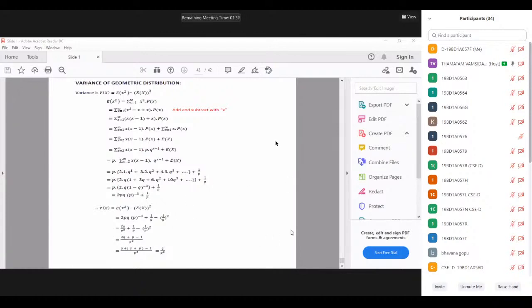Tomorrow there is also a quiz. All of you listen carefully. Tomorrow we are conducting a quiz on Unit 1 and Unit 2, both units.